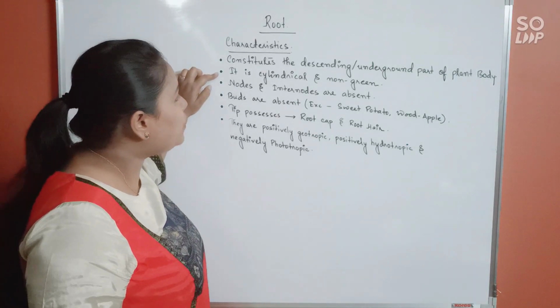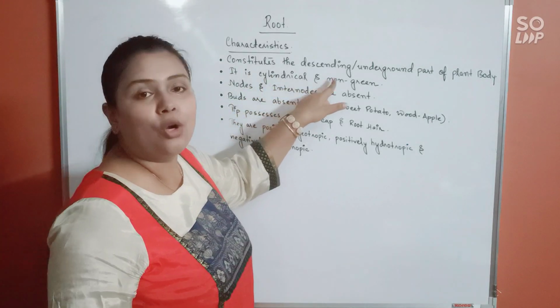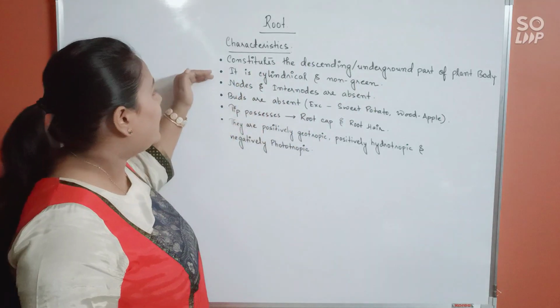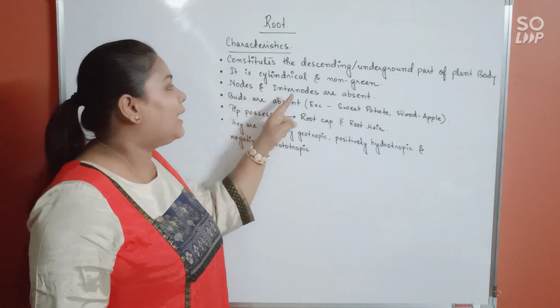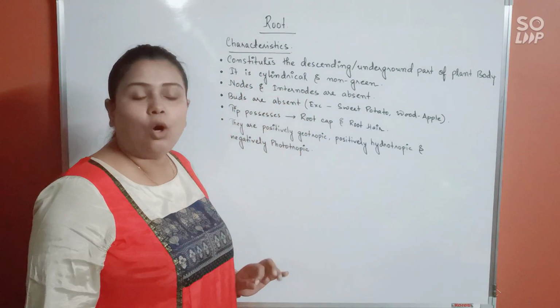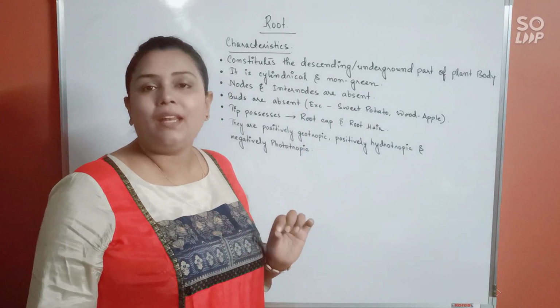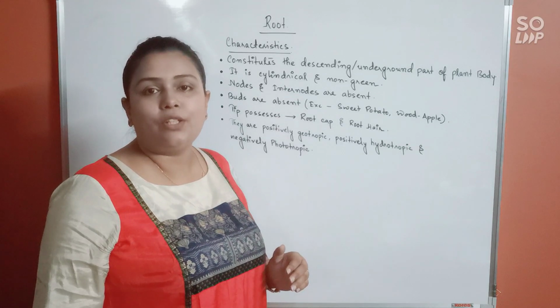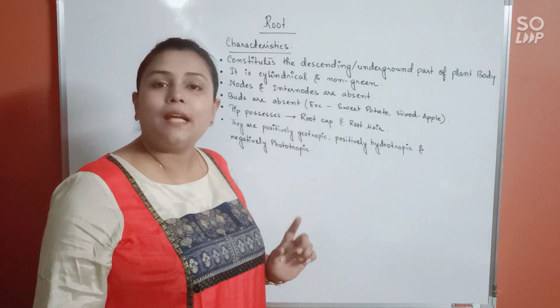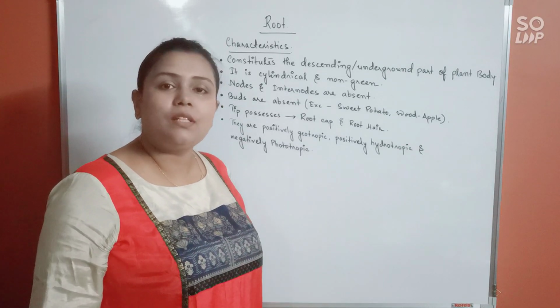Next, it is mostly cylindrical and non-green. Alright. Next, nodes and internodes are absent. Already all of you know that in the stem, the main part or the main axis remains divided into nodes and internodes. Such nodes and internodes are absent in the roots.